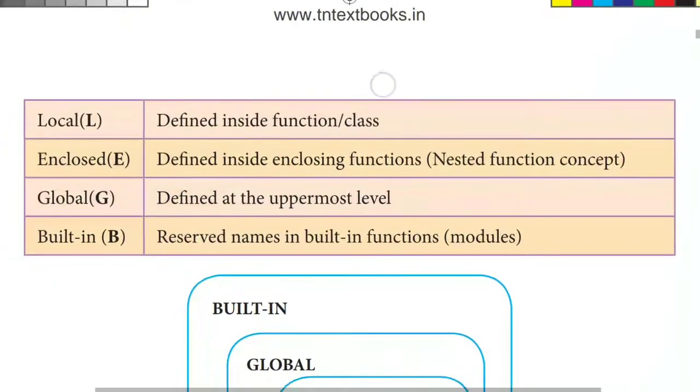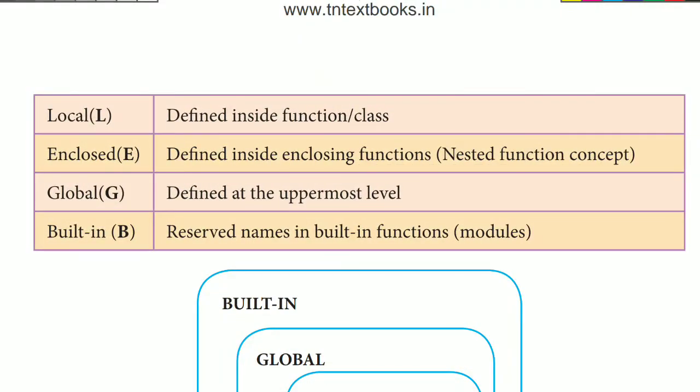L means local, E means enclosed, G means global, B means built-in. So we'll see one by one. Local means defined inside a function or a class. A variable will be declared inside a function or a class, so that particular variable can only be accessed inside this function or that particular class.